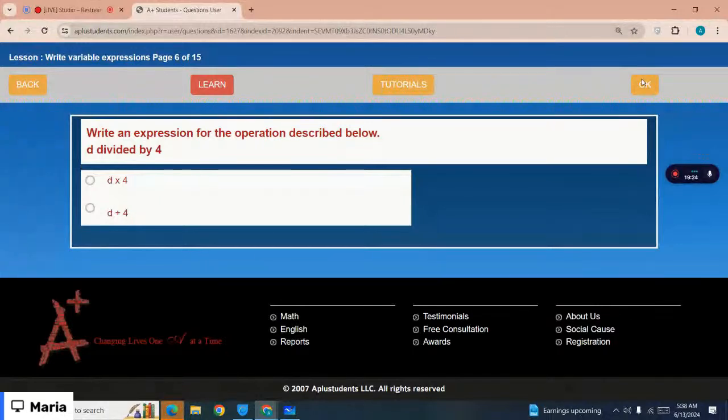Write an expression for the operation described below. D divided by 4.